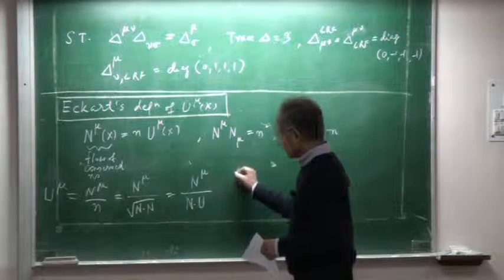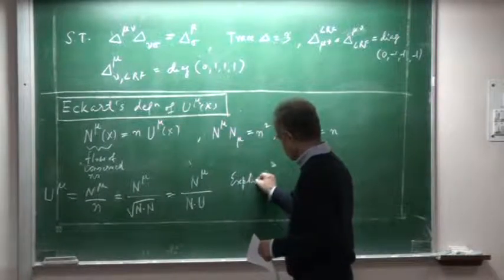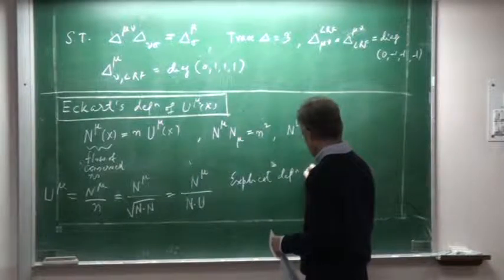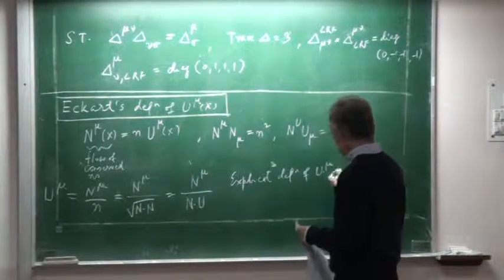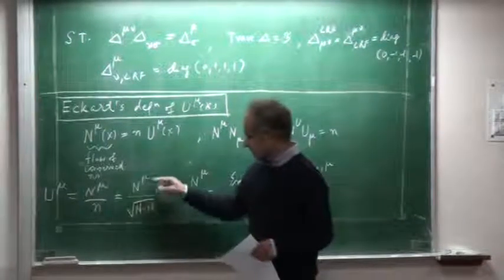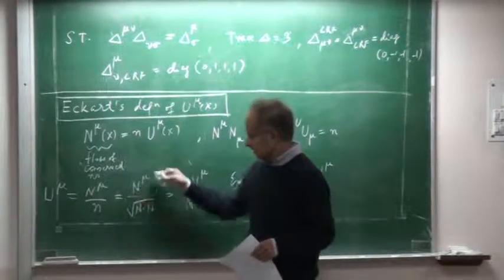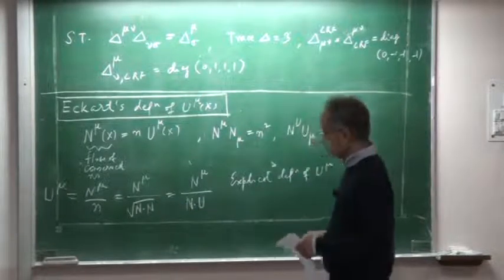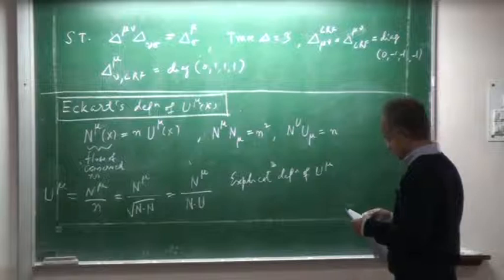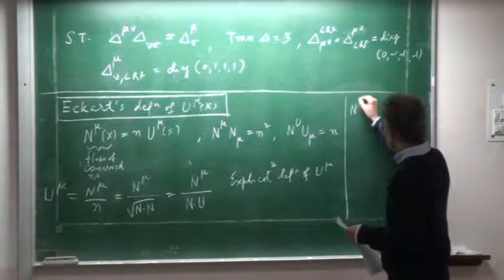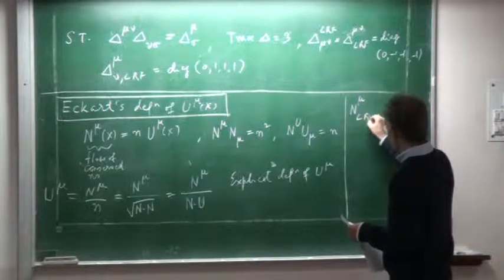So this is an explicit definition of u mu. It tells you how to construct u mu. What is n mu in the local rest frame?